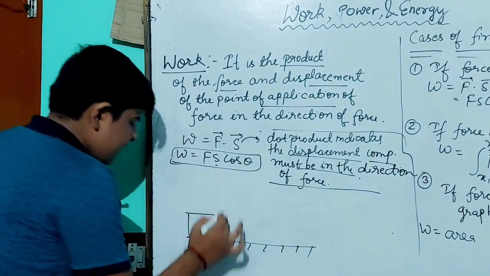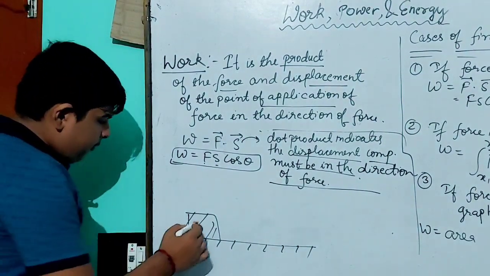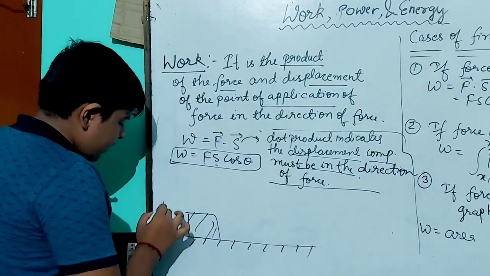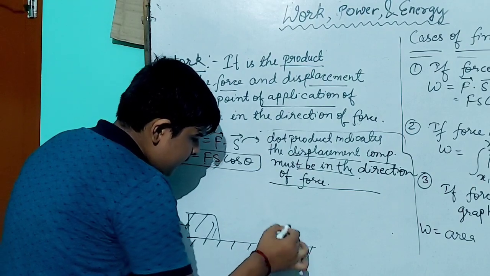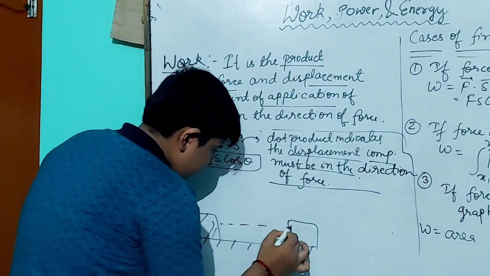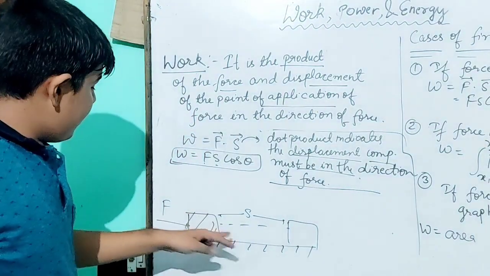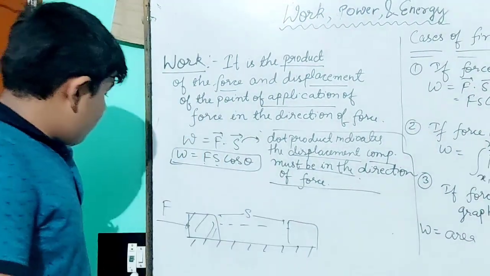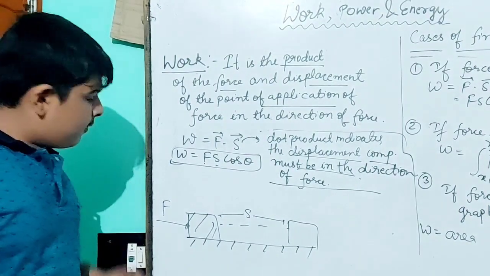See, like this, here is a block and a force F is applied here, and the displacement here is S. So here you can see that the force is in the direction of the displacement.